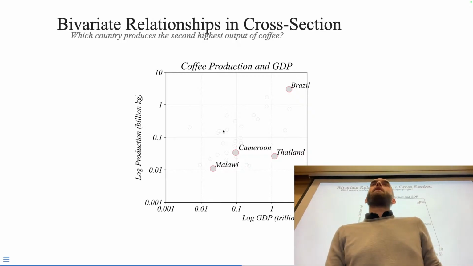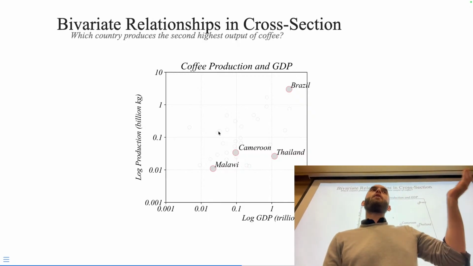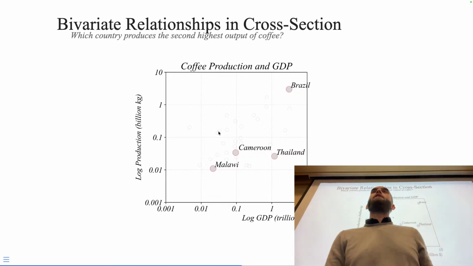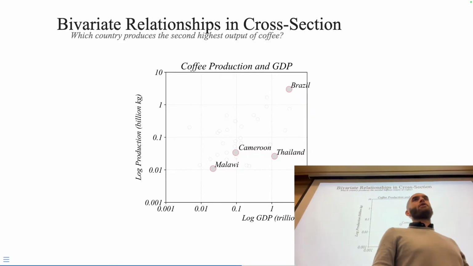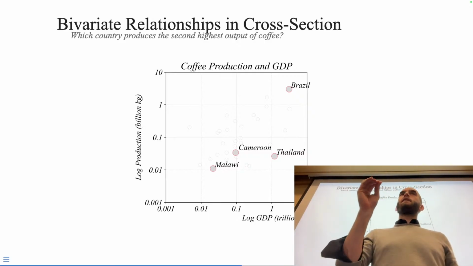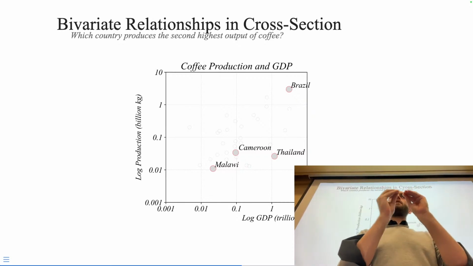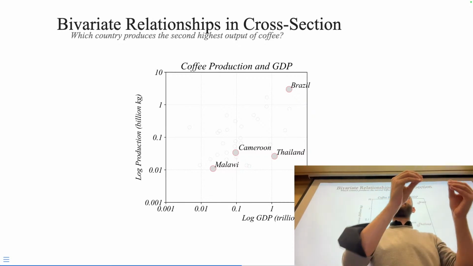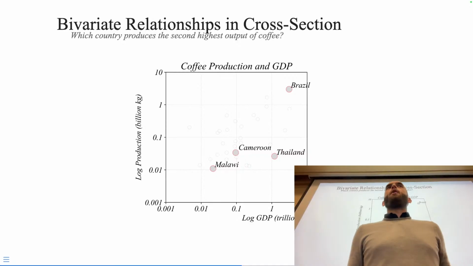Sorry about the figures again. Those dots, I think this is much easier to see that there is a positive relationship between GDP and coffee production, because we're able to see the small differences between the small productions. Okay, so that's the main point here.